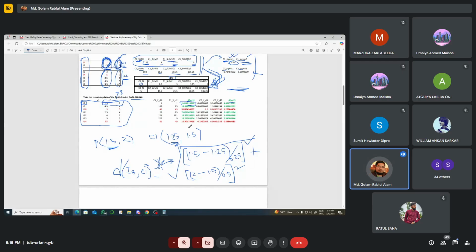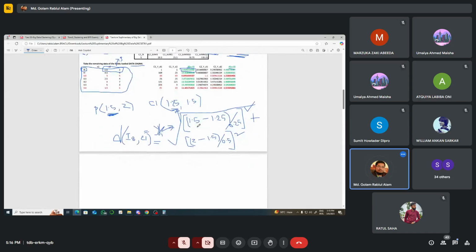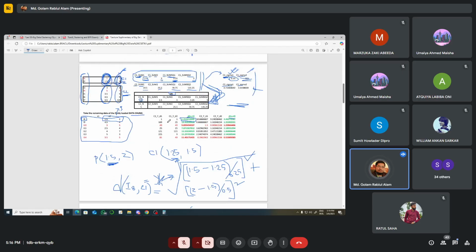Then similarly, we have to find the distance from I8 to our cluster 2. I8 is 1.5 and 2, and our C2, we know the C2 here.